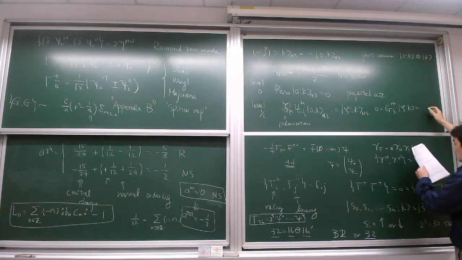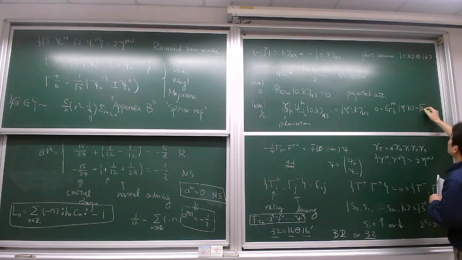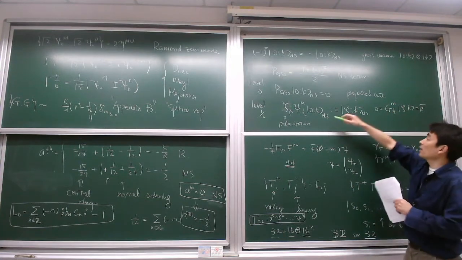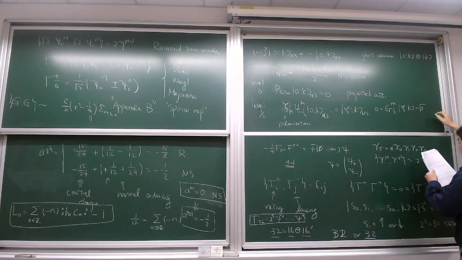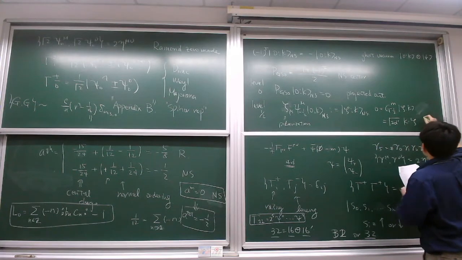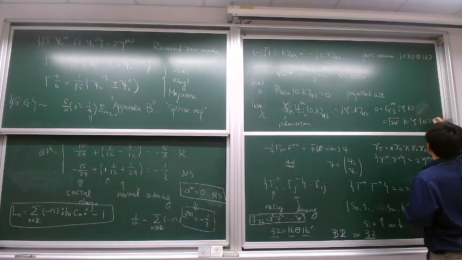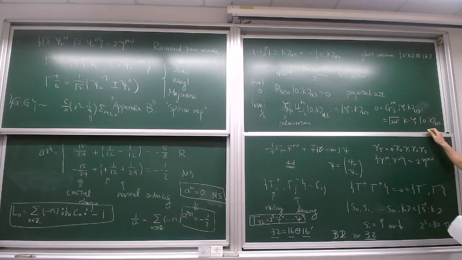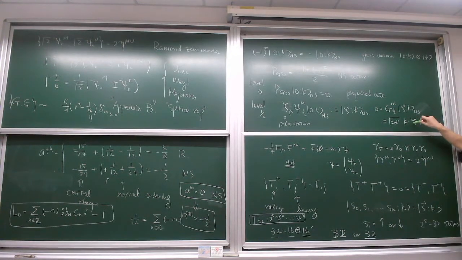So if you use the commutation relation between Gm and psi, one can obtain this is equal to alpha k dot zeta 0 k. So therefore, the polarization vector has to be orthogonal to the momentum.